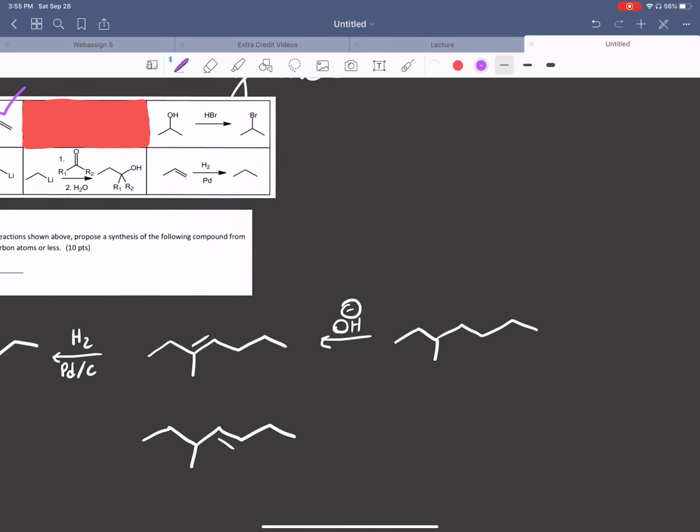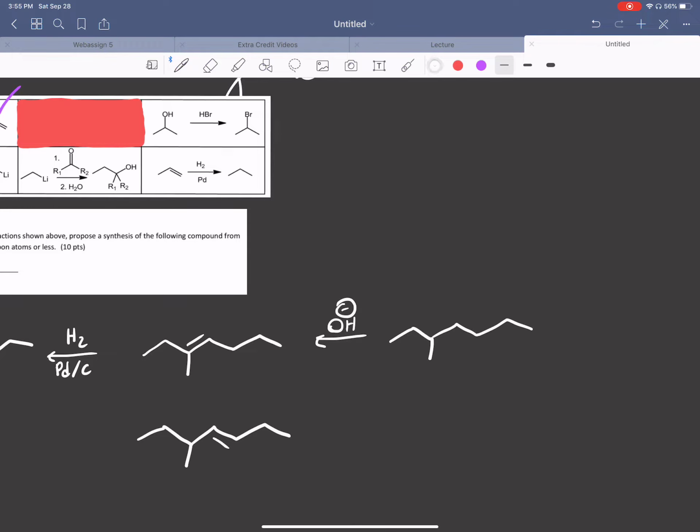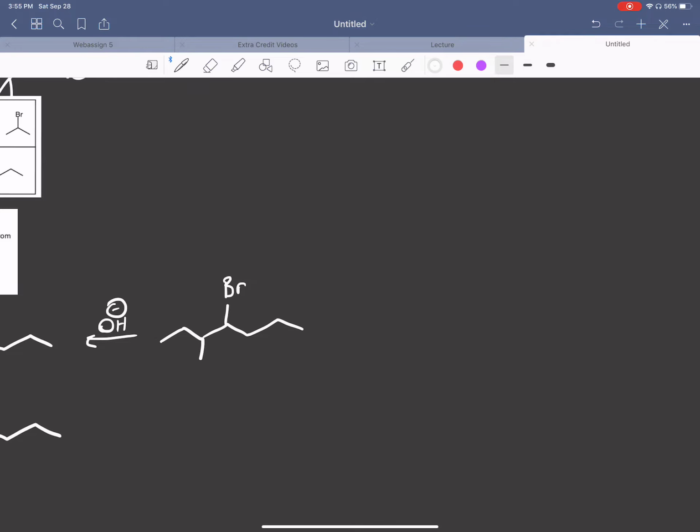Okay? And so we can put the Br, it's got to be on one of the carbons of the double bond, so our choice is either there or there. Okay? And so yeah, we have two choices where we can put it.